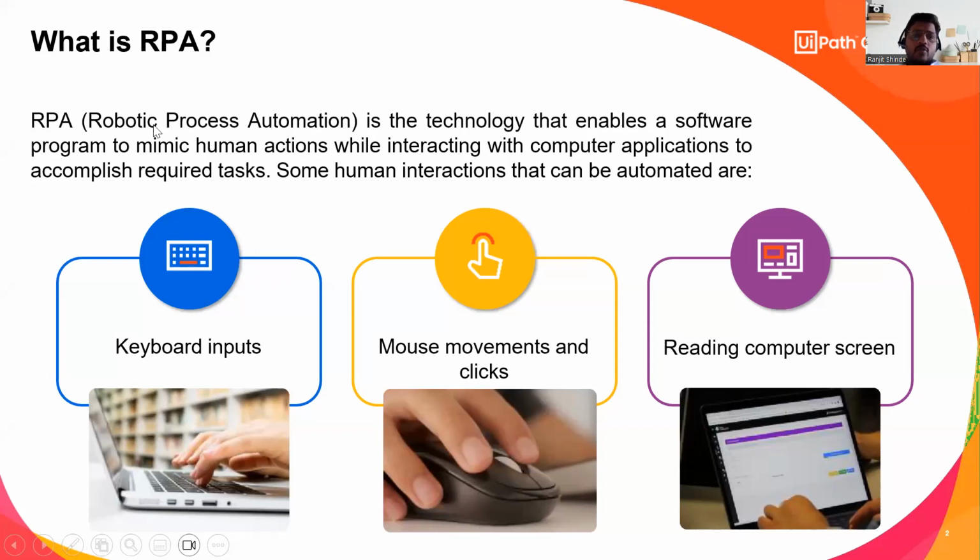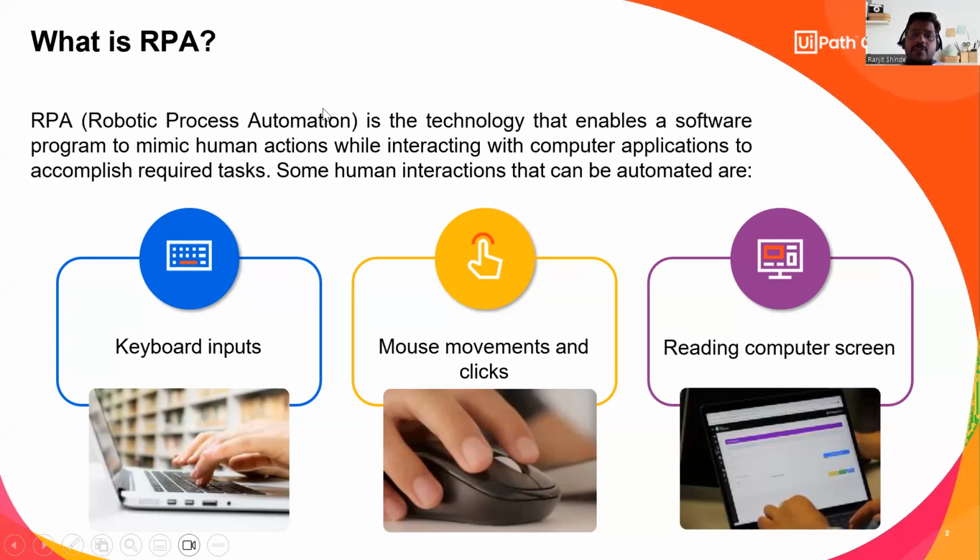Robotic process automation has three words: robotic, process, and automation. The first word is robotic. Robotic means it mimics the human action, that is, it copies the human action. Process means it does a rule based task.